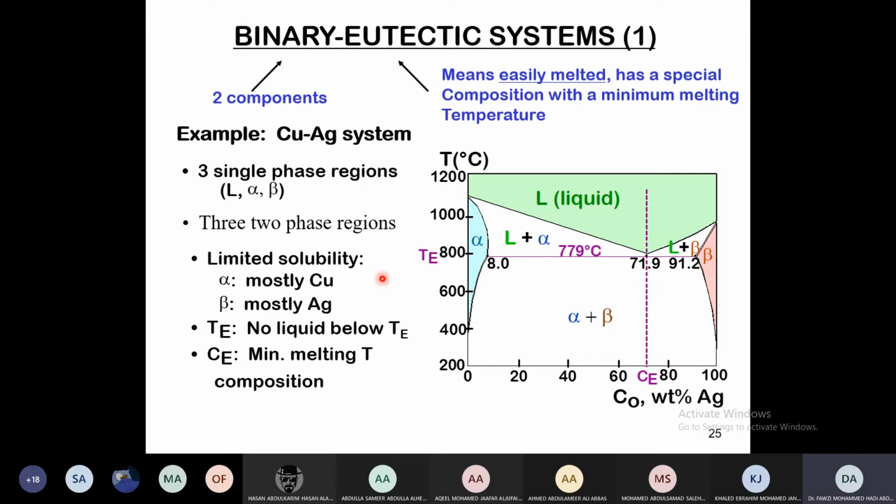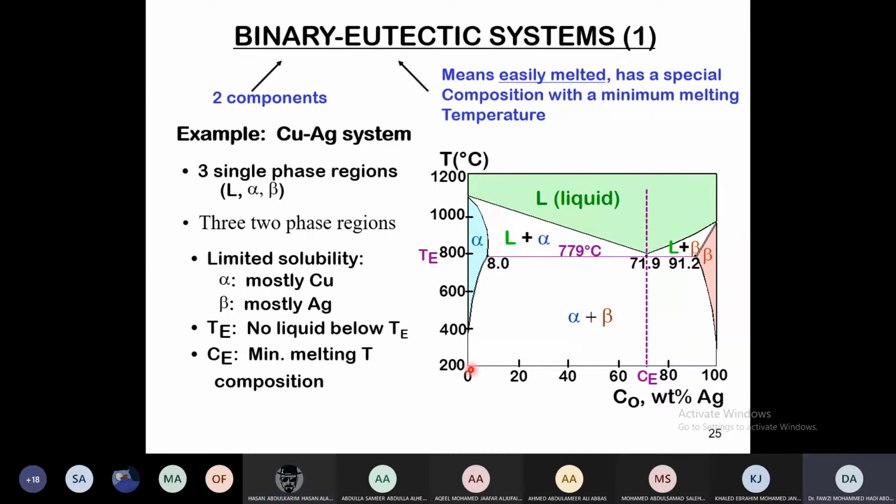If I ask you what is the melting point temperature of pure copper, what will your answer be? It will be on the graph, on the liquid line. 1100. Yes.